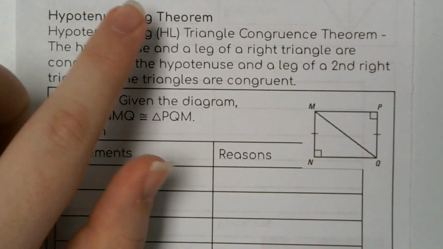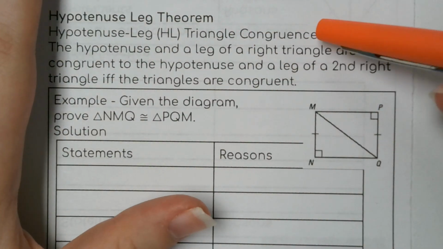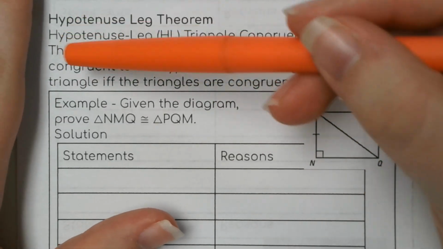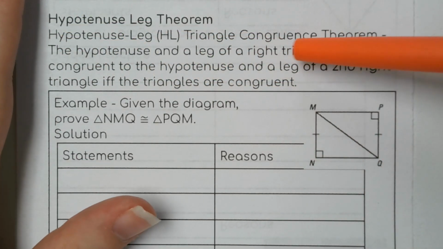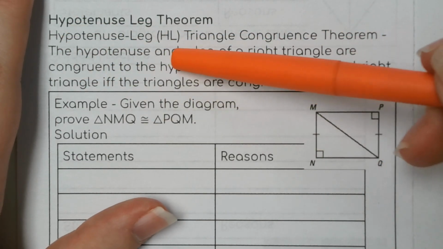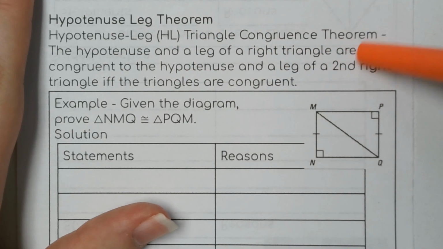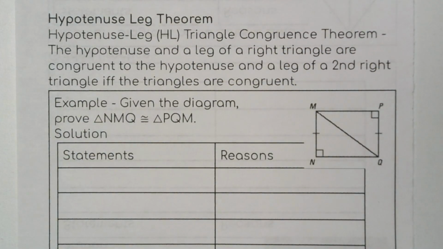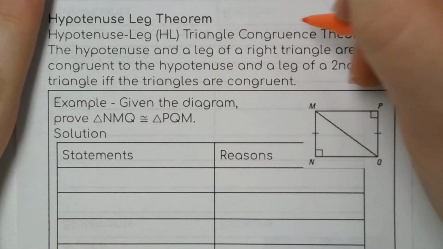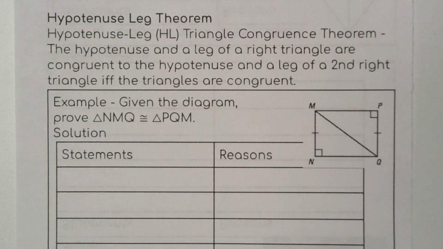The hypotenuse leg theorem of triangle congruence is that the hypotenuse and a leg of a right triangle are congruent to the hypotenuse and a leg of the second right triangle. So for this one, we just need a hypotenuse and a leg of both triangles to make sure that they are congruent.